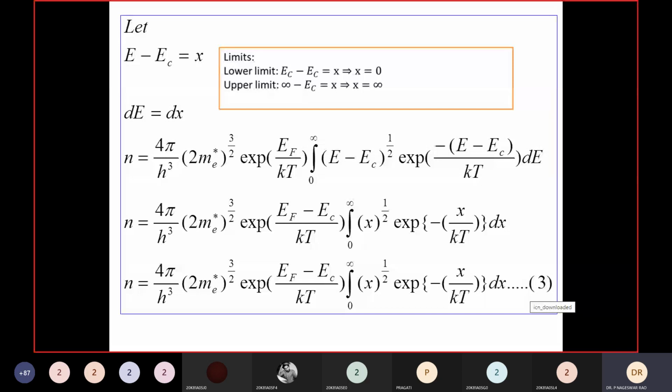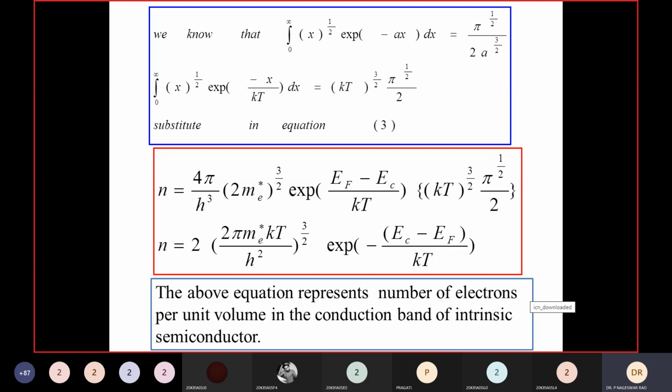The integration of this formula will be root pi by 2a power 3 by 2. Here instead of a we take 1 by kT. If you substitute that value, we get the integration value like this.